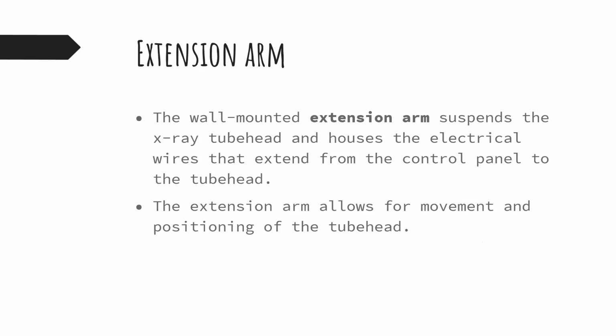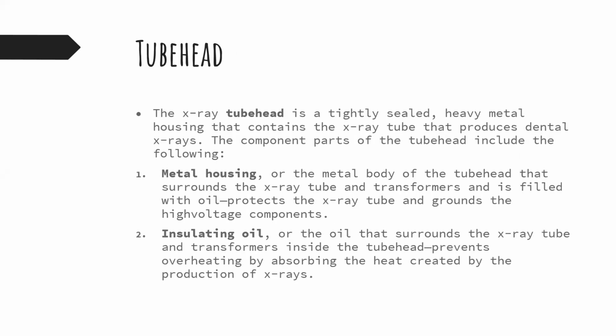So the extension arm of the machine suspends the X-ray tube head and houses the electrical wires that extend from the control panel to the tube head. So the extension arm basically allows for the movement and positioning of the tube head. Then we have the tube head, right?